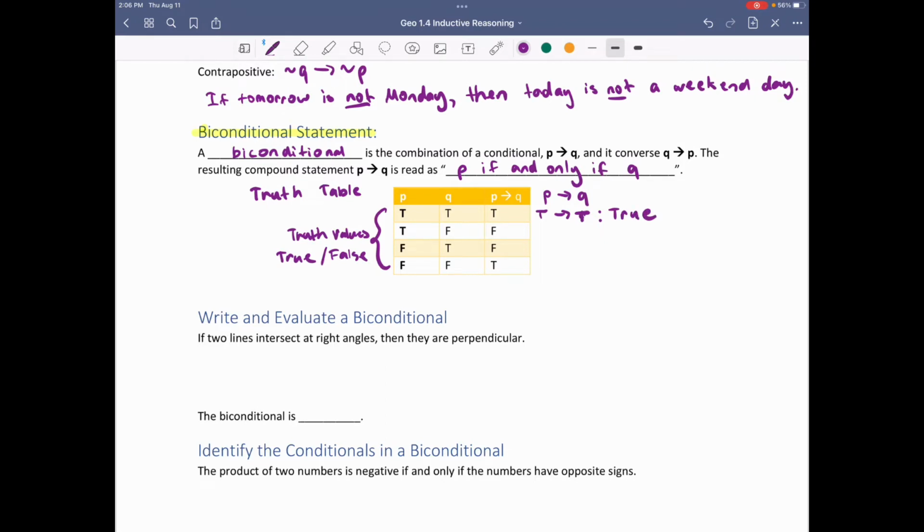And with our second row, if P is true and Q is false, this would mean that our biconditional statement is false.